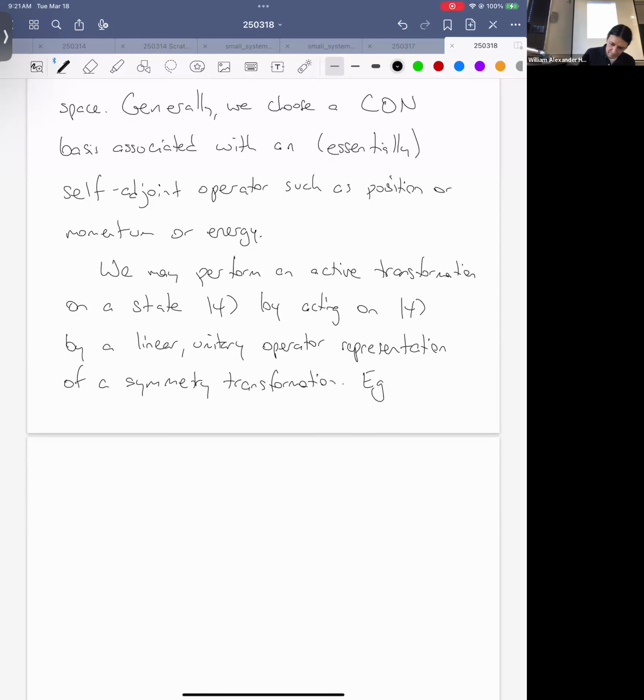So for example, the translation by A, that's what we talked about in the specific example where f of x goes to f of x minus A. So translation by A on our psi ket is achieved by, okay, so I have some new vector in my Hilbert space, psi prime, which is given by the translation operator.